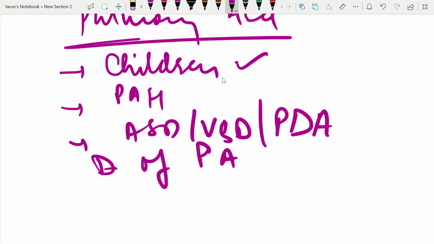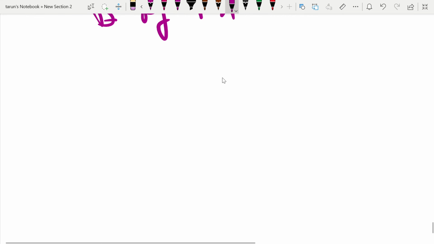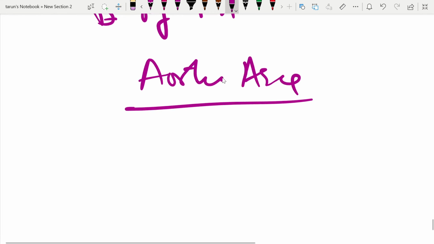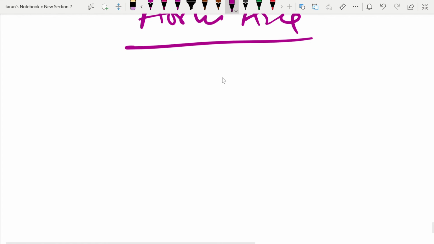Then the examiner can ask, what are the causes of pulsations over the aortic area? Now we will turn to the aortic area. The cause of pulsation over the aortic area is dilatation of the ascending aorta, due to aneurysmal dilatation of the ascending aorta.